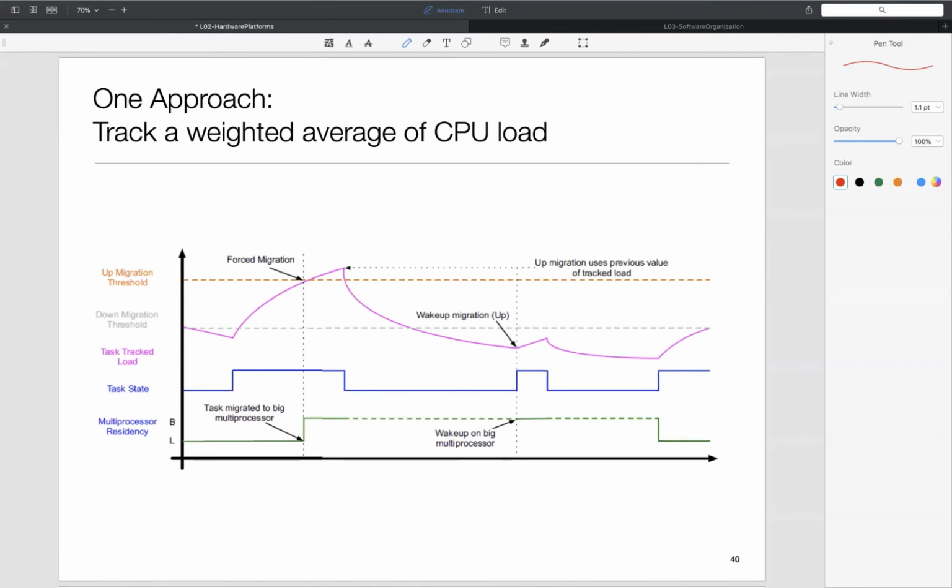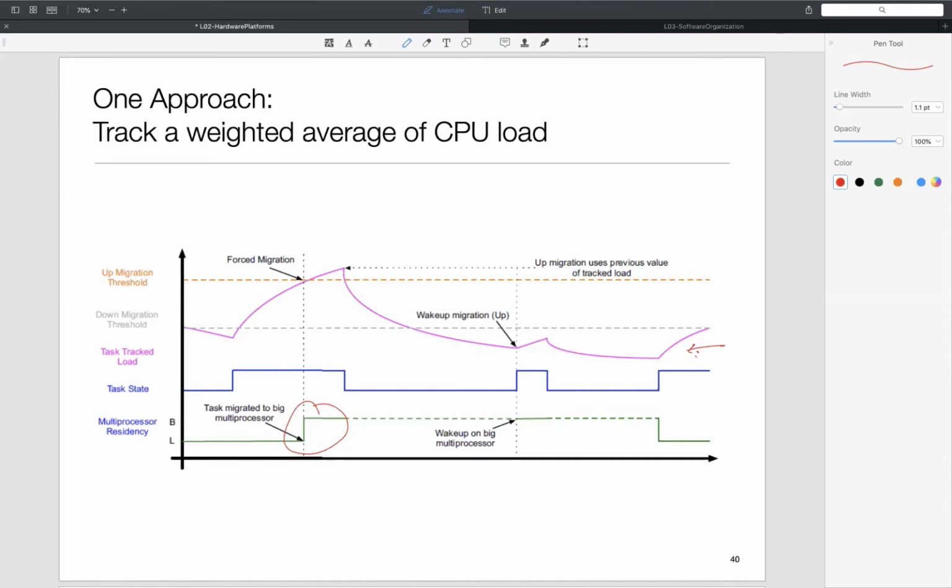So on this diagram, what you are seeing is we are tracking the load using this pinkish purplish color plot, this one. And then based upon that, we decide at some point that we are going to switch to a bigger processor. So in this case, the example being I have one little processor and one big processor.